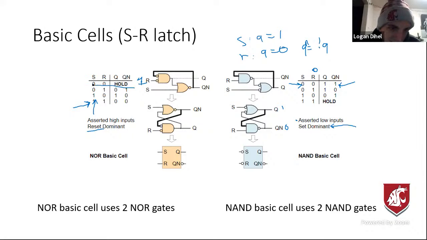In practice, one of them is always going to be on and the other one off. You're not going to really run into the scenario where they're both asserted. You don't necessarily have to have a QN in there. That's just one of the outputs.